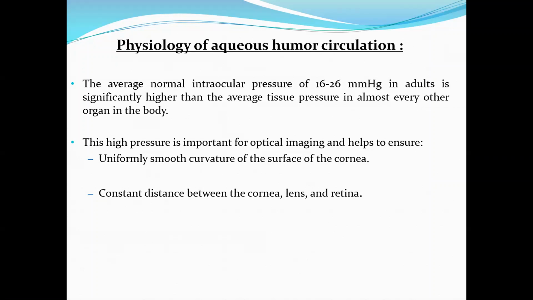The average normal intraocular pressure is 16-26 millimeters of mercury in adults, which is significantly higher than the average tissue pressure in almost every other organ in the body. This high pressure is important for optical imaging and helps to ensure uniformly smooth curvature of the surface of the cornea and constant distance between the cornea, lens, and retina.